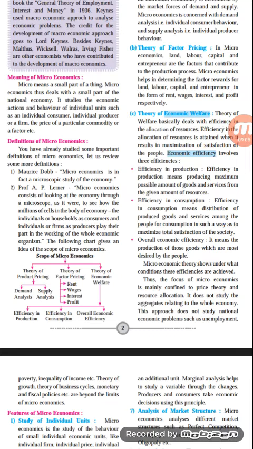In the theory of product pricing, the price of an individual commodity is determined by the market forces of demand and supply. The two factors, demand and supply, we have to understand in an appropriate manner.